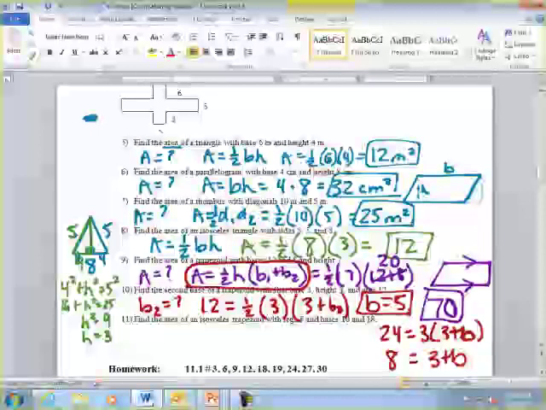All right, last, I have an isosceles trapezoid. Bases of 10 and 18, and I'm purposely going to put that 18 a little bit away from the side.